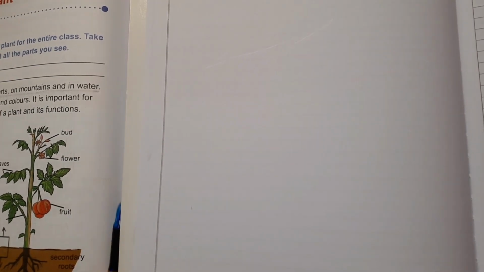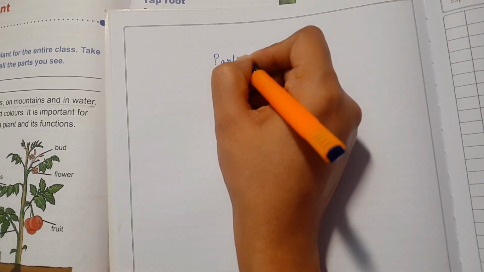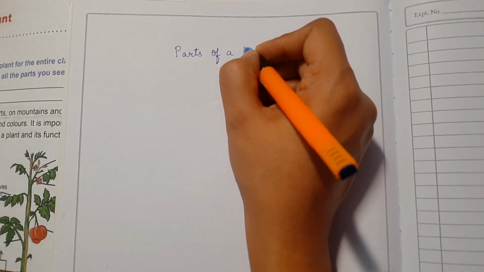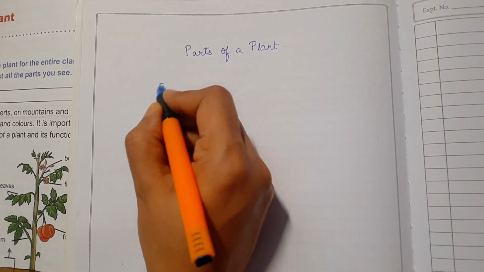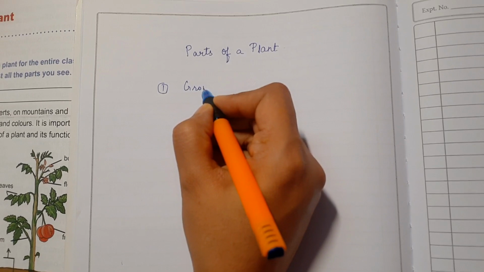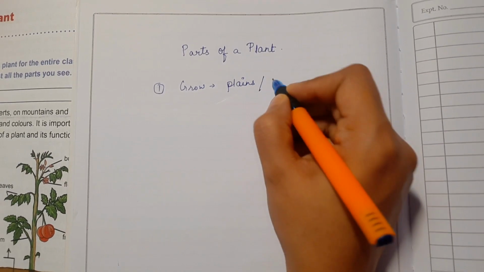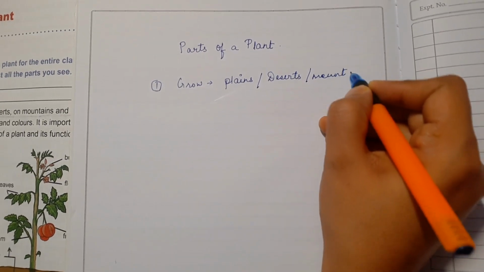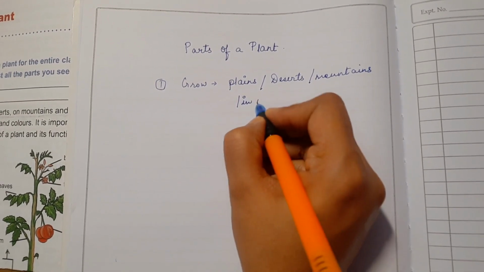I'm repeating again what we studied on the first page. So we are studying parts of a plant. Okay, so first point is we can grow plants in plains, in deserts, mountains, and in water.